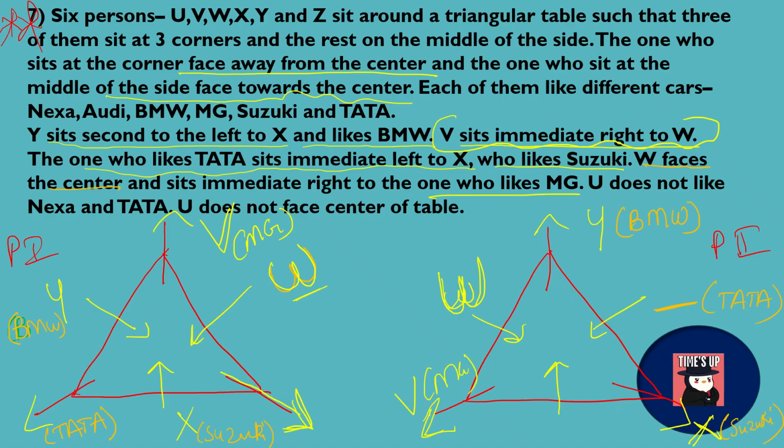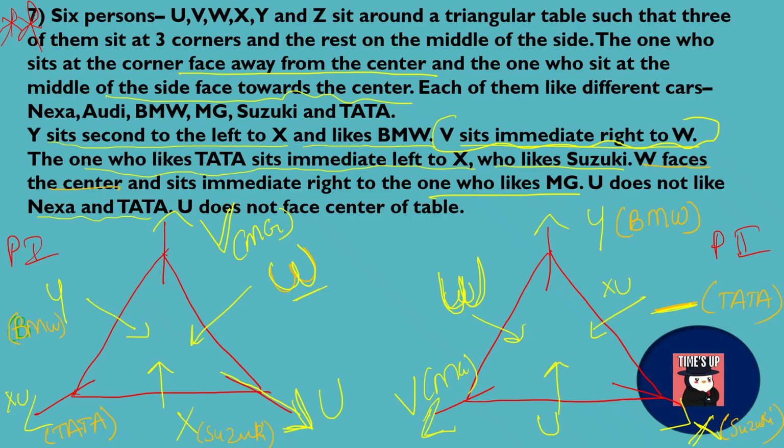Next, what they are saying: U does not like Nexa or Tata. So here you can't place U. Then where can you place U? U can be placed here.